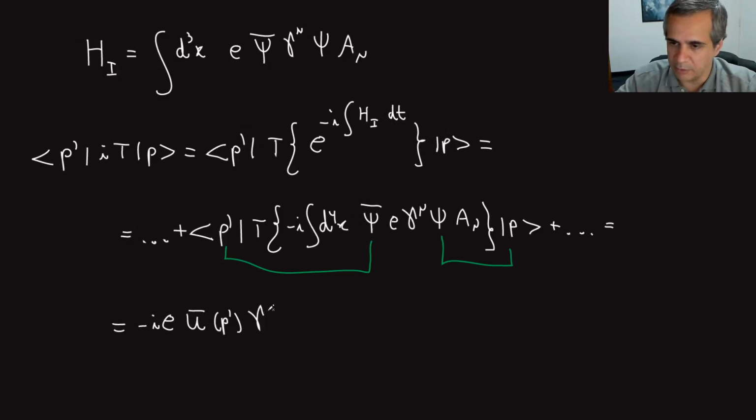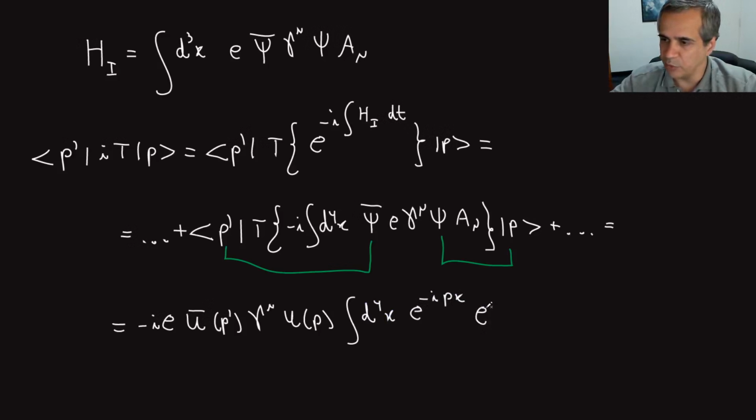Gamma mu u of p comes from this contraction. And I end up with d^4x, exponential of minus i p x from this contraction, and exponential of i p prime x from this contraction.